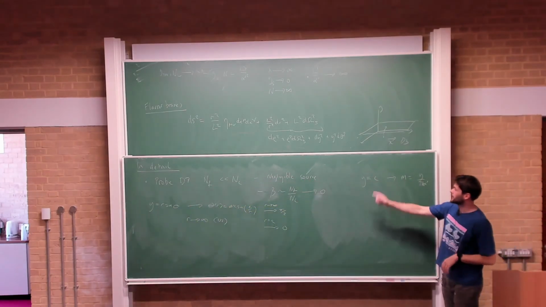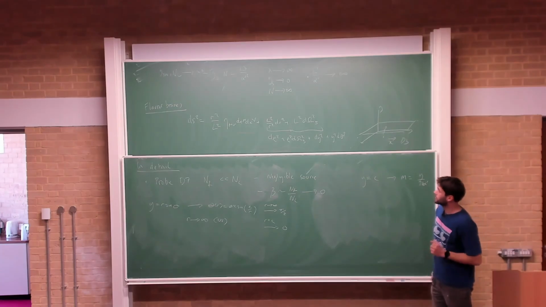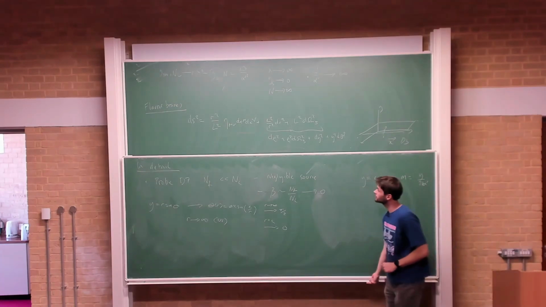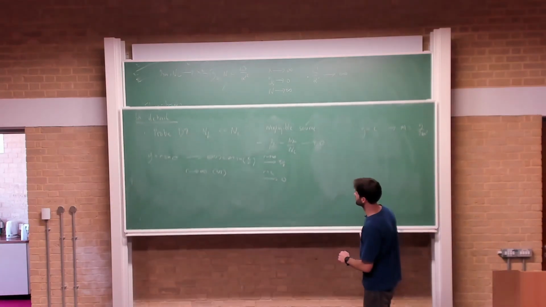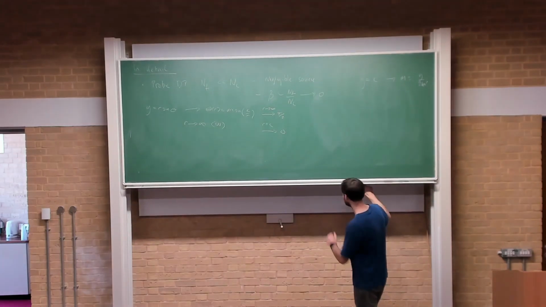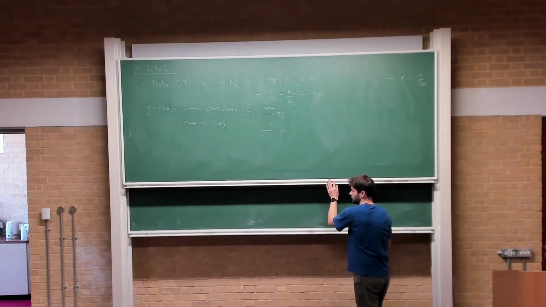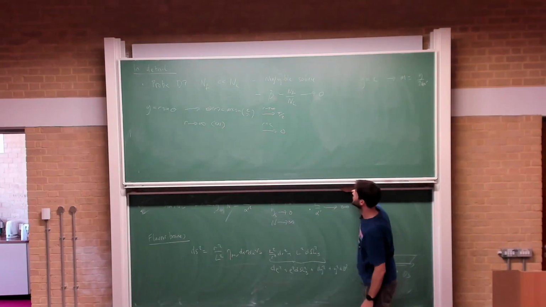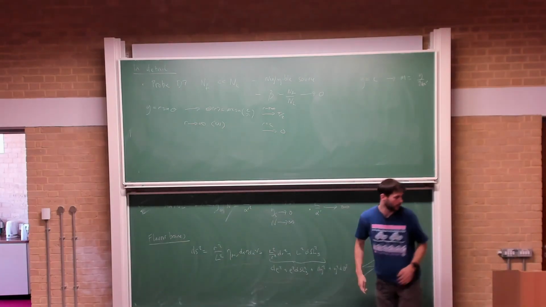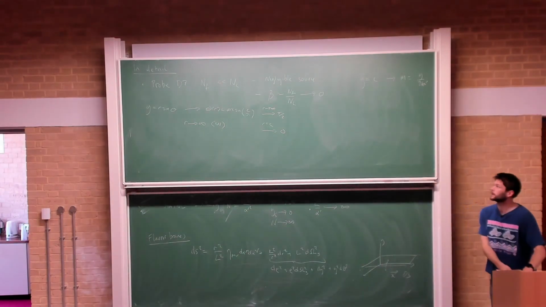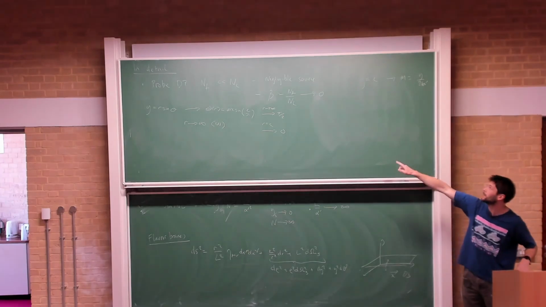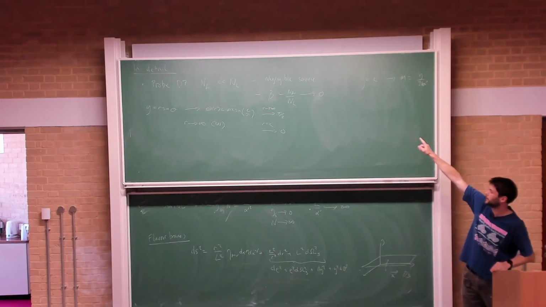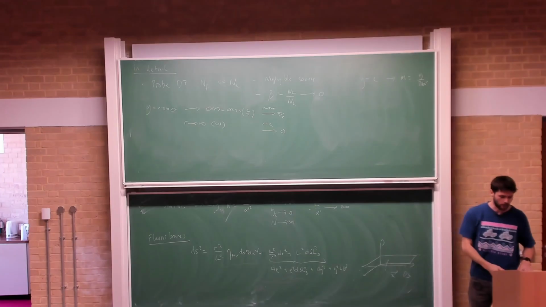So this is the basic example which I'd now like to try and generalize. So the basic type of branes that I would like to consider are essentially of this type, except we do not consider y to be a constant, but rather we allow it to vary on position.